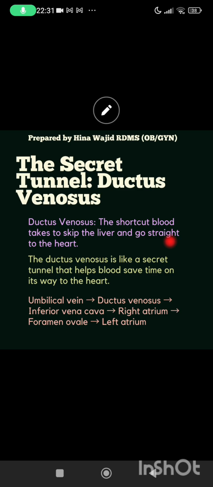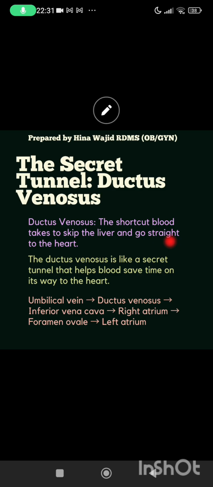So the digestive system has no much role in digestion. Now we need the blood to go straight to the heart and bypass the liver. For this purpose, there is a tunnel, another route, that is the ductus venosus.